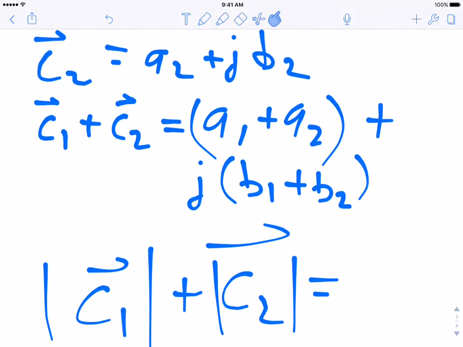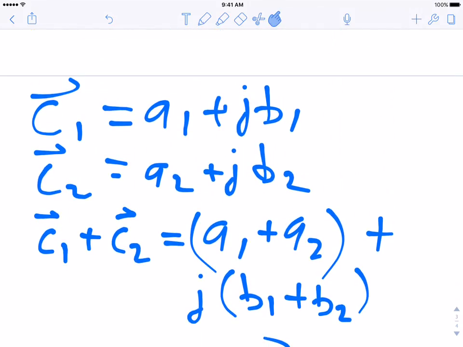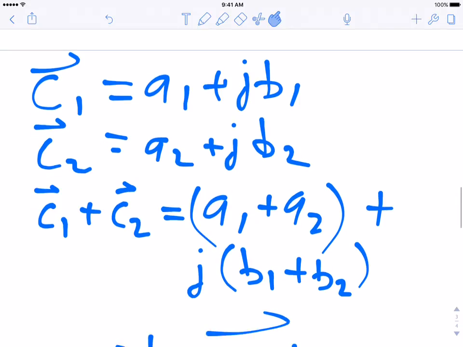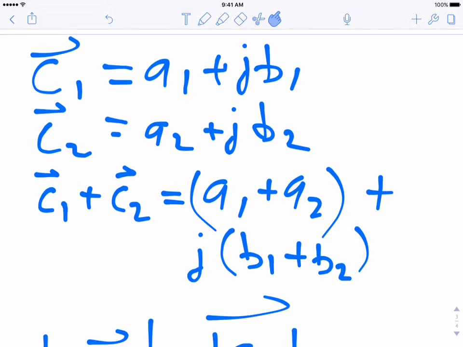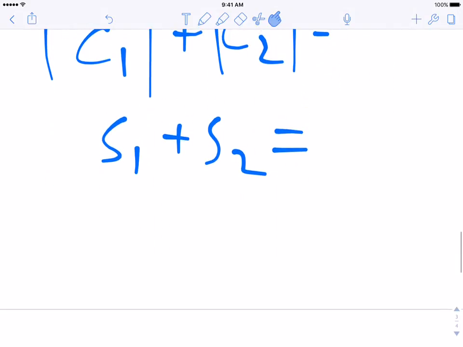You have to use this addition over here. You have to add the real powers together, plus the reactive powers together, and then take that result and calculate the magnitude of that result if you wanted to know what was S1 plus S2.